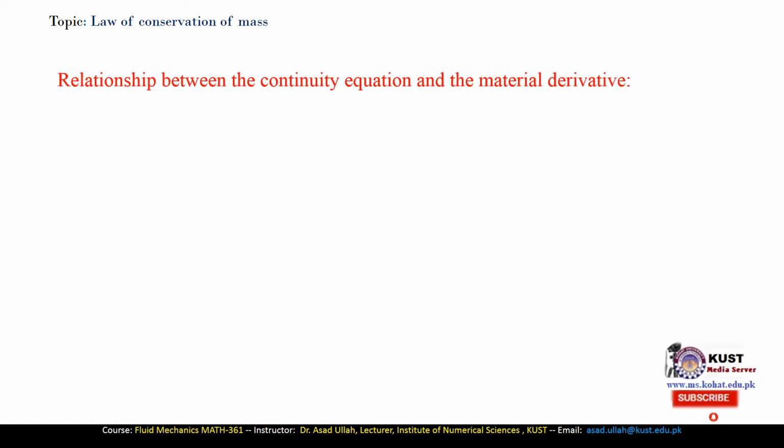Now, what is the relation between the continuity equation and the material derivative? Since equation number 5 is the basic continuity equation, so using the dot product of the nabla operator over the scalar multiple of a vector, we get the result in the form of equation number 10.